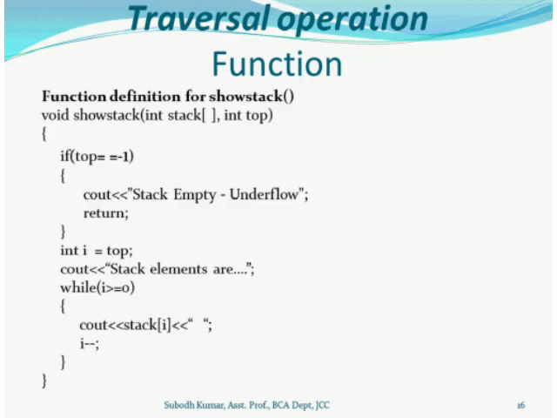If it is not empty, then I declare a variable I, and the value of top is stored in I, and elements are displayed from I equals to top to I equals to 0. So in the loop we have used the condition while I is greater than or equal to 0. We display stack of I using cout statement, and then I will be decremented.